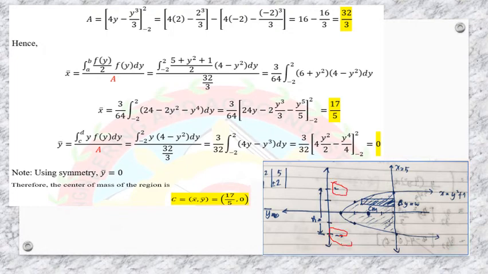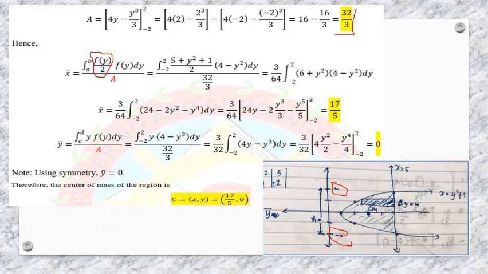Evaluating, we get 32 over 3 as our area. Hence, using the formulas for the horizontal rectangle, f of y is 5 minus (y squared plus 1), or 4 minus y squared.